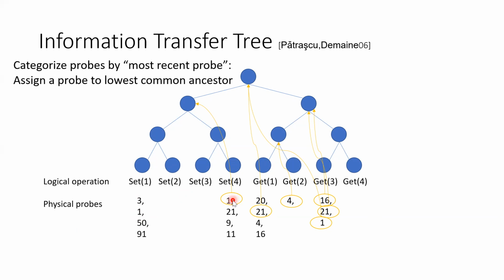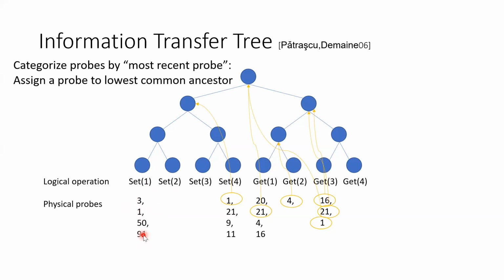If this memory cell was probed before, then we assign this probe to the lowest common ancestor. So every physical probe is assigned at most once.